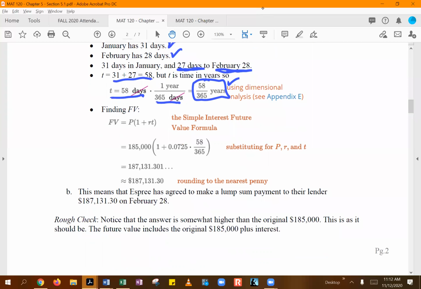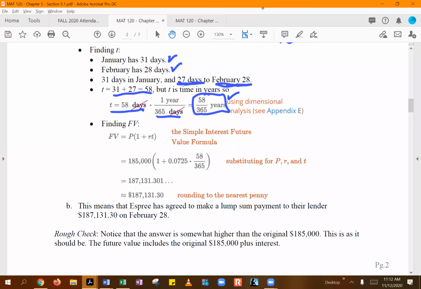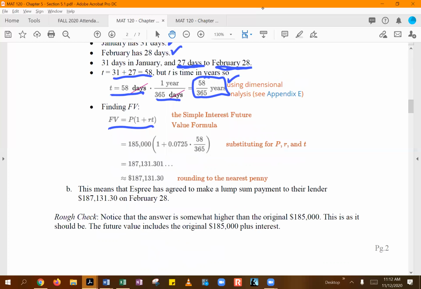And once you have all of these conversions taken care of, then you can just plug it into your future value formula. So our principal is $185,000, times 1 plus our rate of interest, 0.0725, times our time, which is 58 over 365.